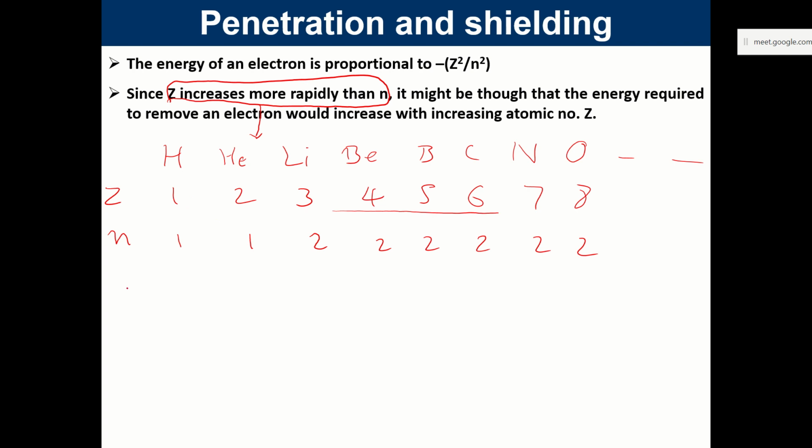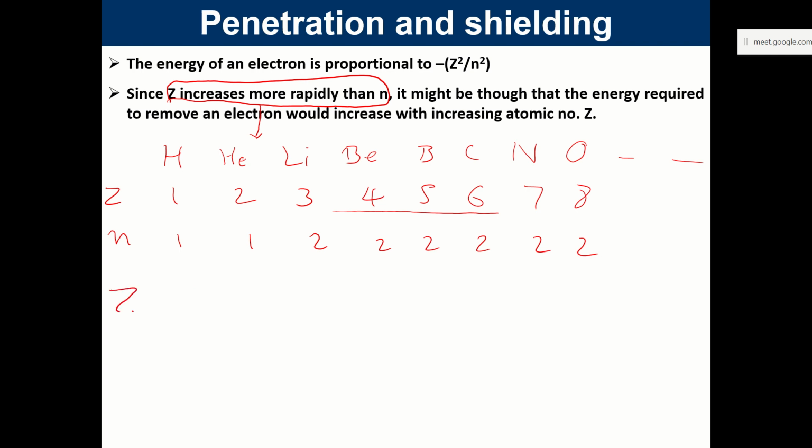And so when you calculate, the energy is proportional to what we have just said, minus Z square by n square. ये proportionality है. So now you try to evaluate Z square by n square. You just see what happens.